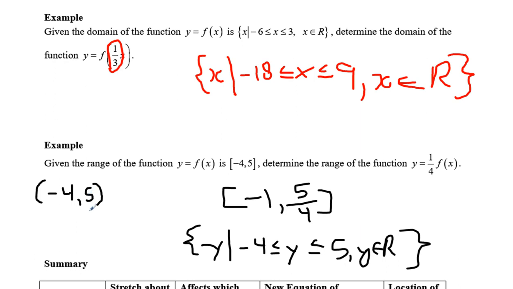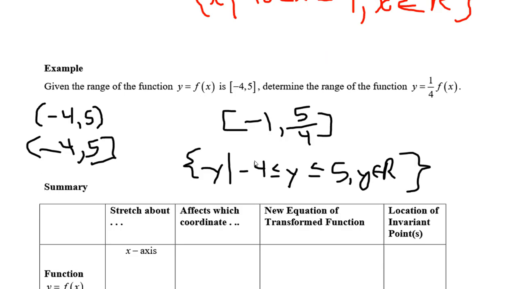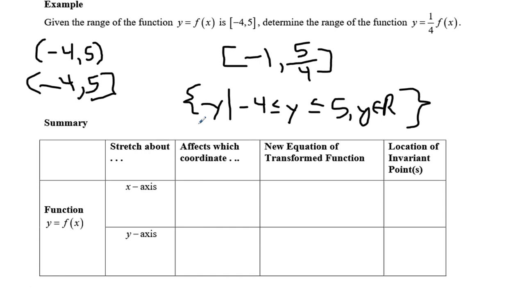Are you allowed to have one but not the other? Of course. This is saying don't be -4, but you can go up to and including 5. All right, just in case you're not familiar with this interval notation. Not difficult at all.